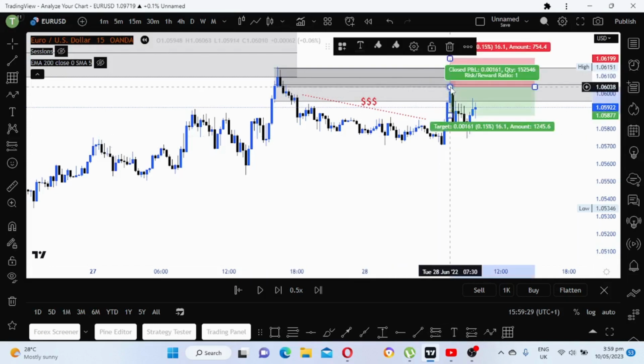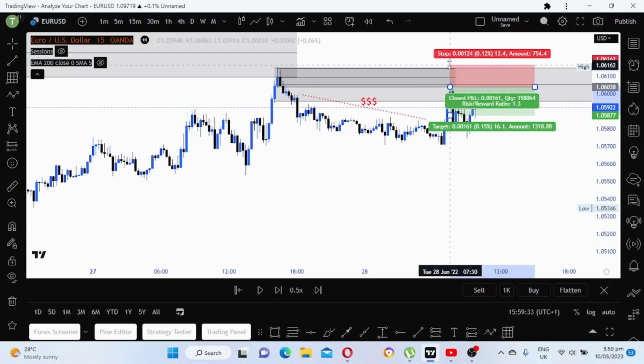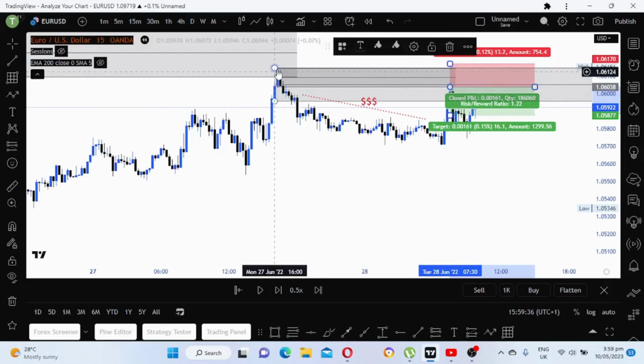If price comes back to that zone, then you put your SL slightly at the top of this. If price couldn't break this higher, you already know that price already tapped into this supply zone on H4.